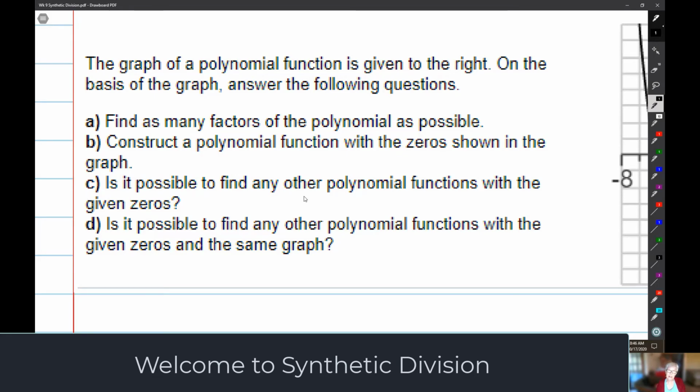C, is it possible to find any other polynomial functions with the given zeros? And D, is it possible to find any other polynomial functions with the given zeros and the same graph?